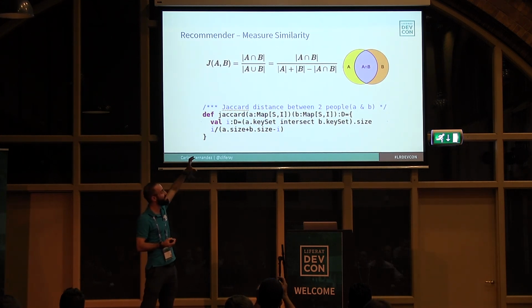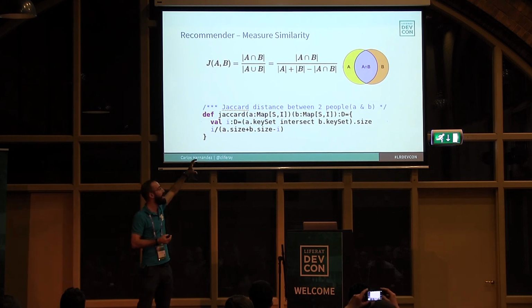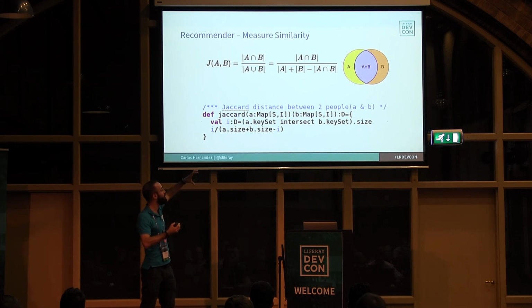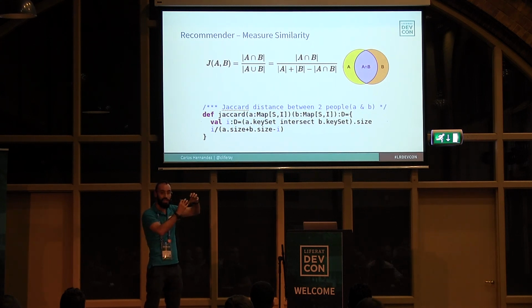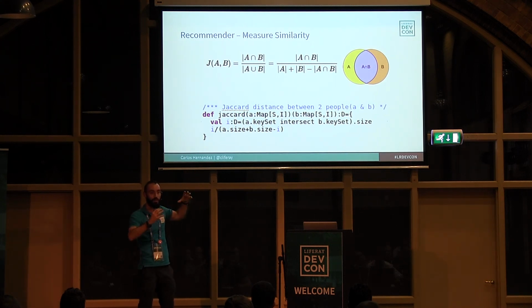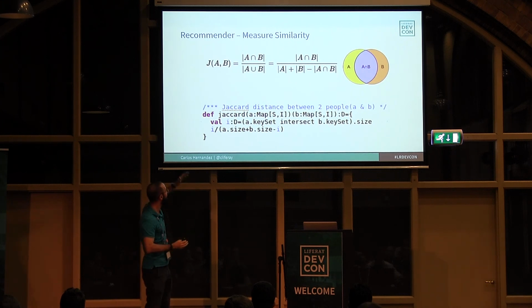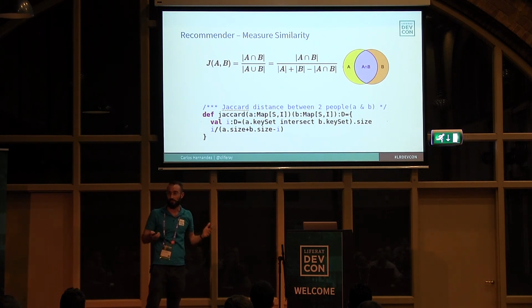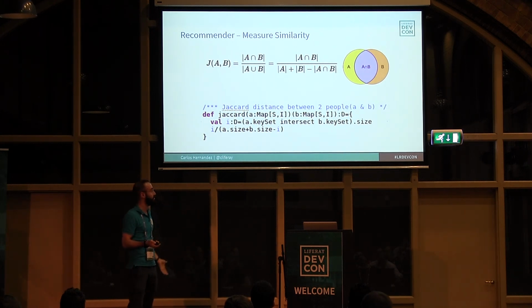And if A is a set of content that Filipe has seen, and B is the set of content that John has seen, we get the intersection, and the larger the intersection, the more they have in common. We would just have to normalize that intersection by the size of A plus B, not to favor the larger sets, and that's our distance function. It's called the Jaccard function. As you see, this is not Java, it's Scala.